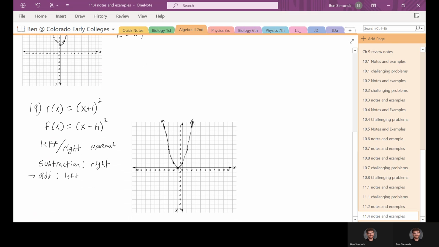When we have one of these x minus h squared situations, we've now moved the middle of our parabola off of the y-axis. So in this case, it's x equals negative 1, right? So x equals negative 1 is now what we call the axis of symmetry, which is basically just a line that splits our parabola in half.